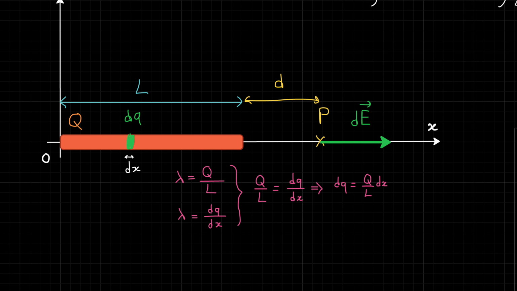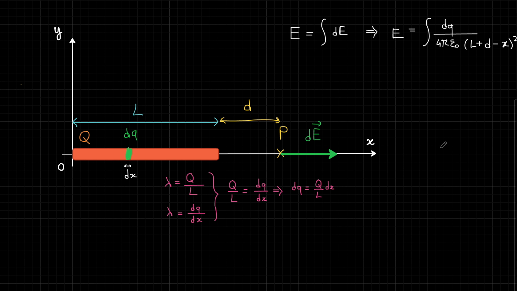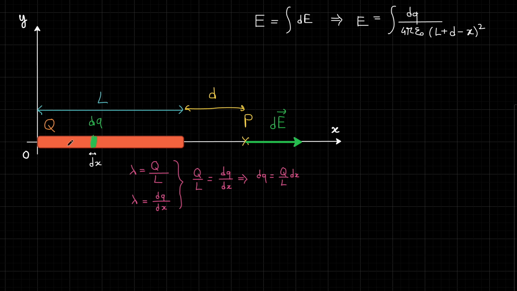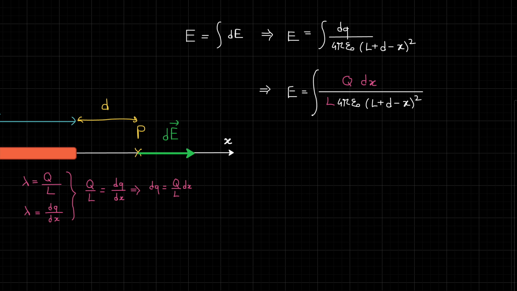Now let's apply this. Let's go back to our integral expression and substitute for dq. So what I'm going to do next is to rewrite this expression with dq substituted with capital Q over L times dx. Here I have the integral expression with dq replaced.